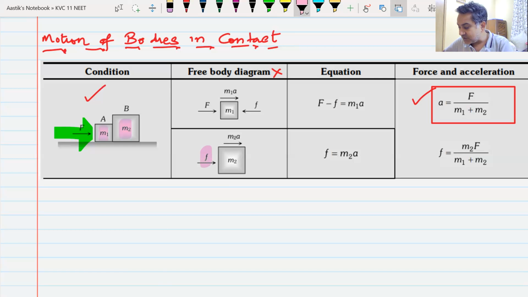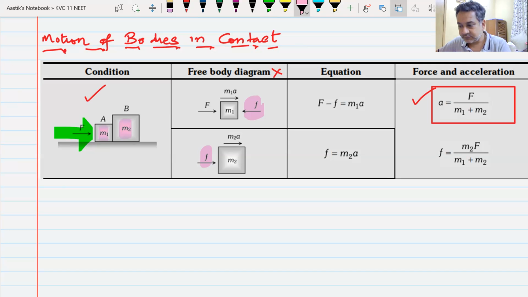What is this F, bacha? Can anyone tell me what is this F that you see here? Friction? Friction has not come. The name of the chapter is not friction at all. Force. Which force?